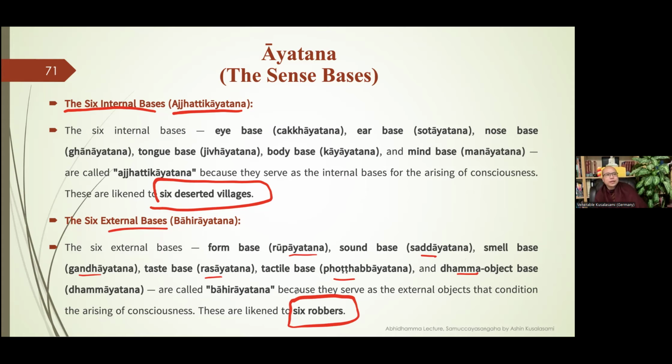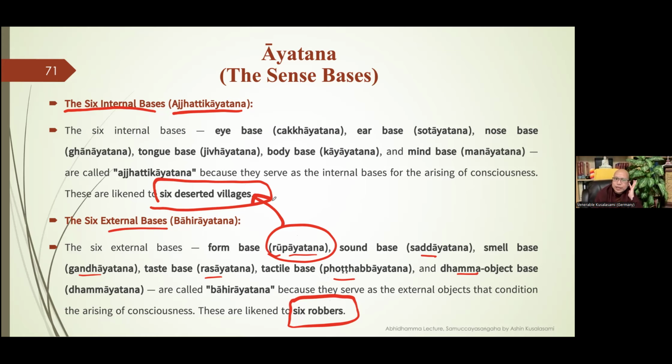They are like six robbers. Do you get why the analogy arises here? Our eye is like a desert village. Why do we see that? For beginner students, they don't understand. Here the eye is like a village, not a disciplined village, without a guard. So the visual object always comes to the village. It is just an analogy.